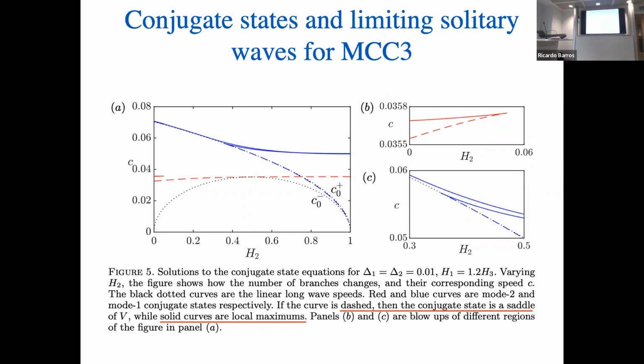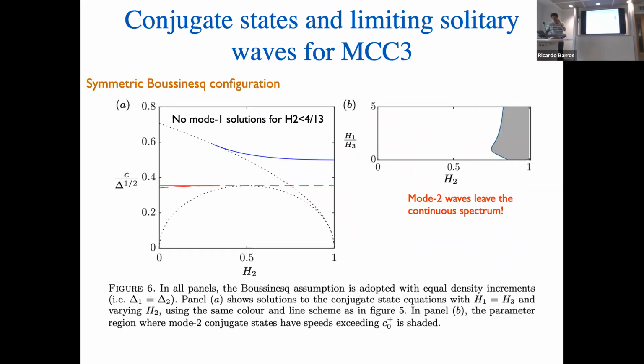At least in the parameter region that we'll use, connecting these lines in full, meaning connecting a saddle to a maximum, will be much more likely than connecting a saddle to a saddle. So this is basically the idea that we have used.